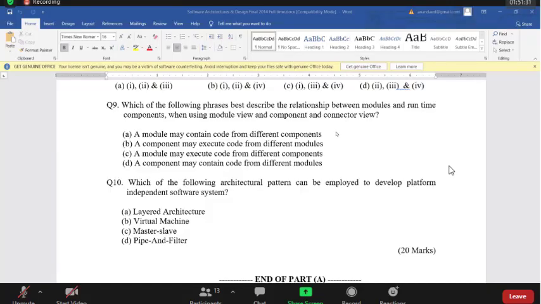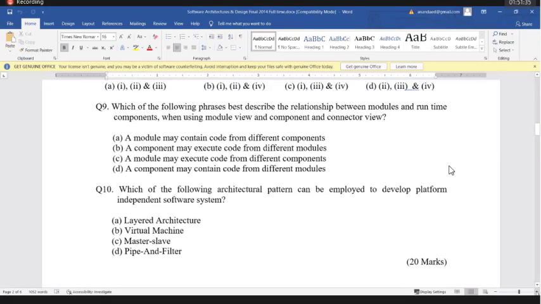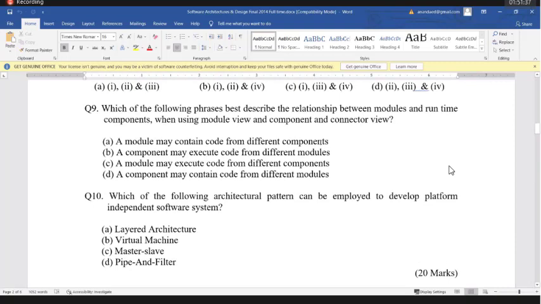Question number 9 here. This is regarding the different viewpoints we discussed in the last chapter.